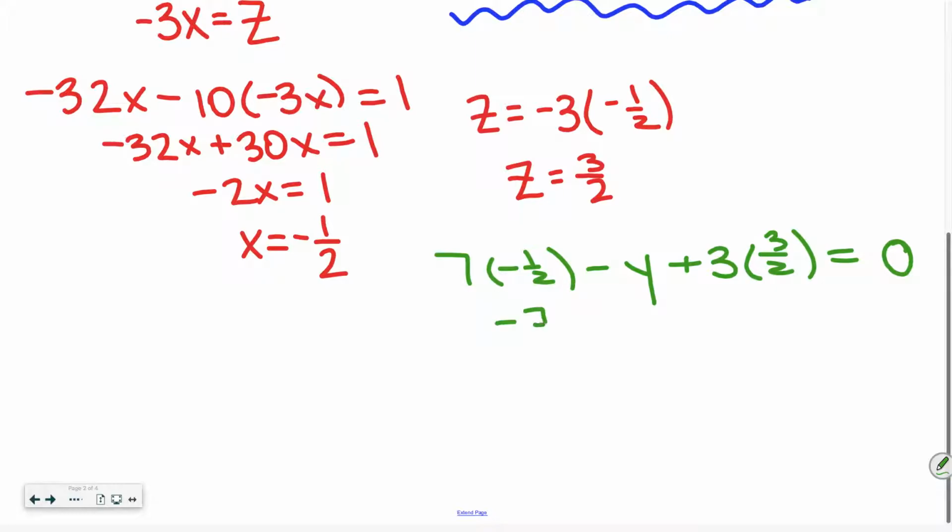So we have negative 7/2 minus y plus 9/2 equals 0. So y equals 1. Okay. Negative 7/2 plus 9/2 is 2/2, which is 1.